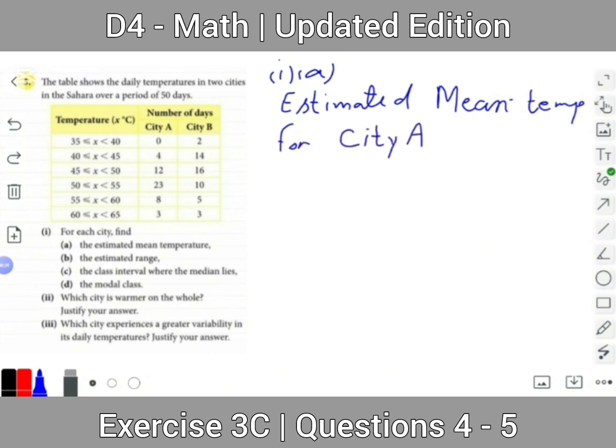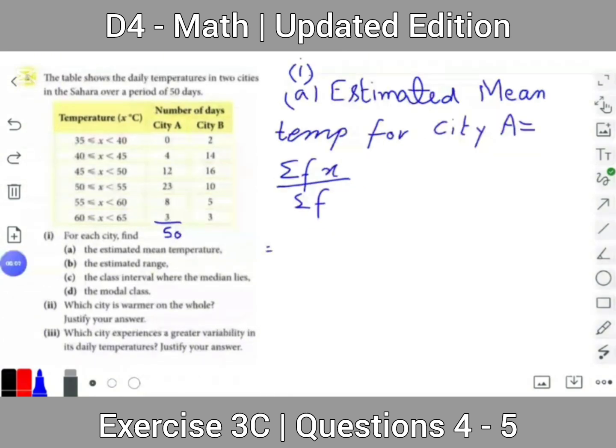We will use the formula summation fx divided by summation f. So in the case of city A, the summation f, the total frequency, is equal to 50. So here we will multiply the corresponding frequencies with the corresponding mid values that we have found.